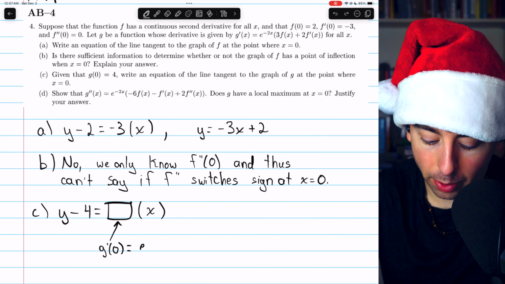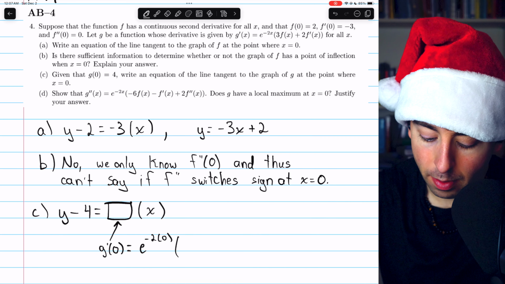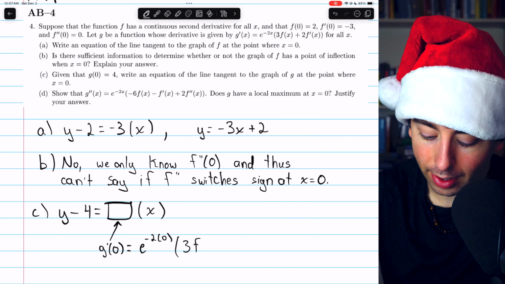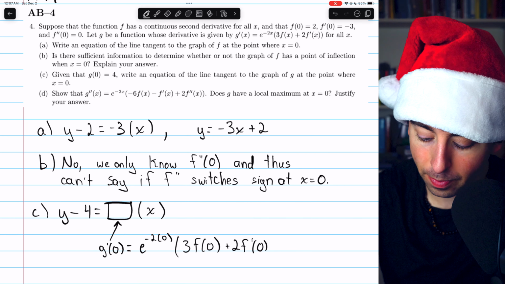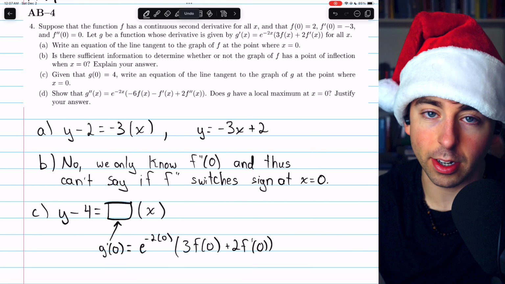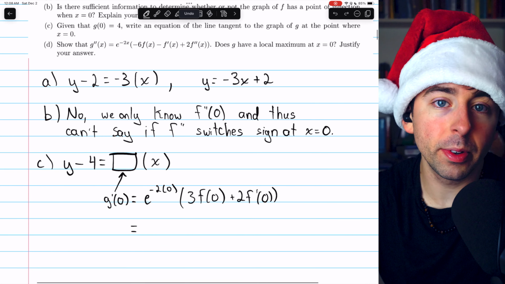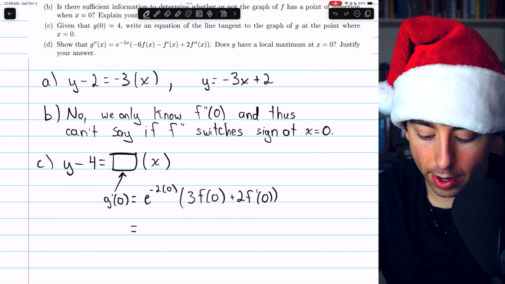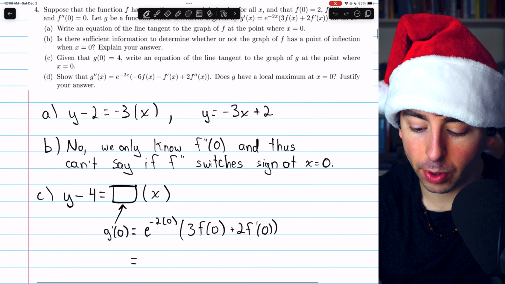g prime of 0 is going to be e to the negative 2 times 0, multiplied by 3 times f of 0 plus 2 times f prime of 0. And now we can plug in the known pieces of information here. e to the negative 2 times 0 is just e to the 0, which is 1, so this part doesn't really matter. 3 times f of 0, what is that?